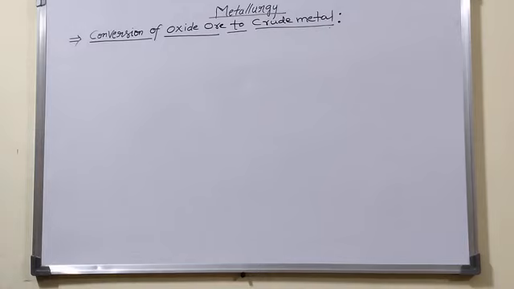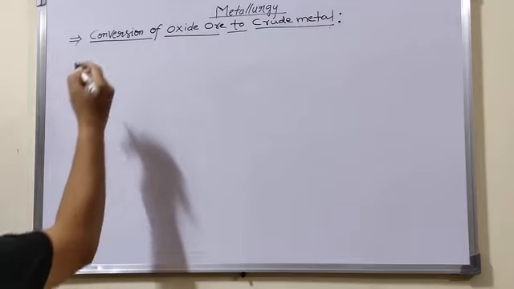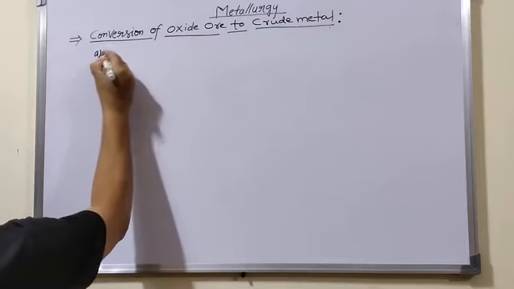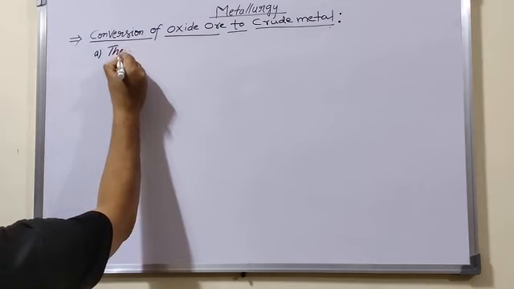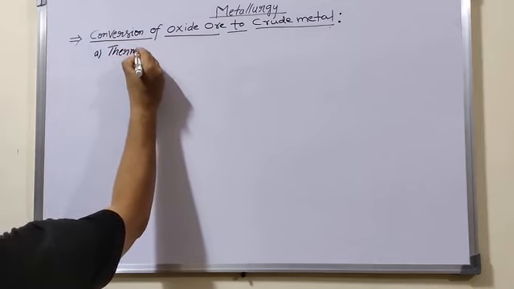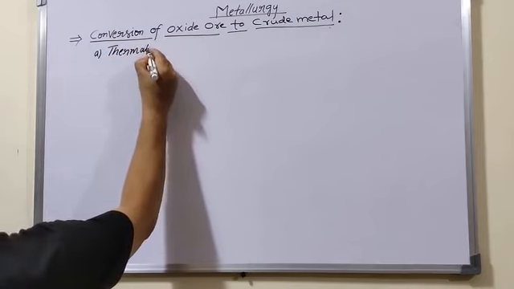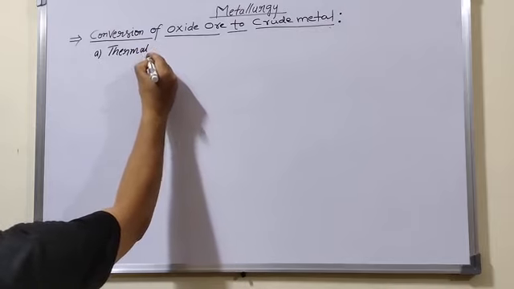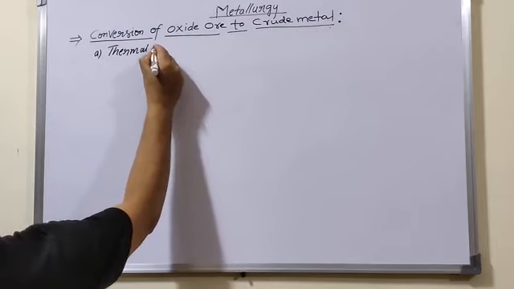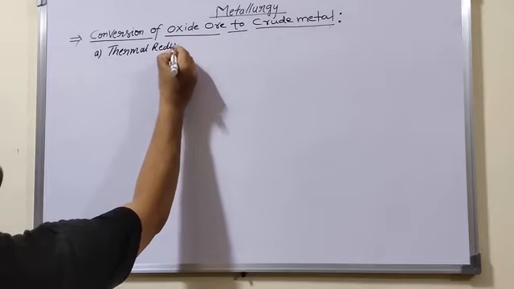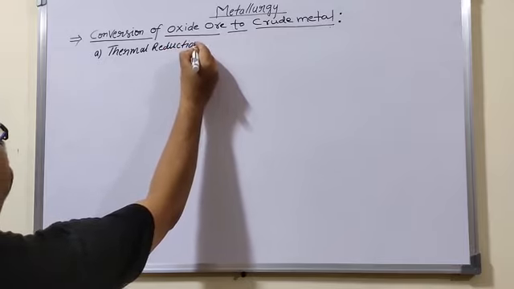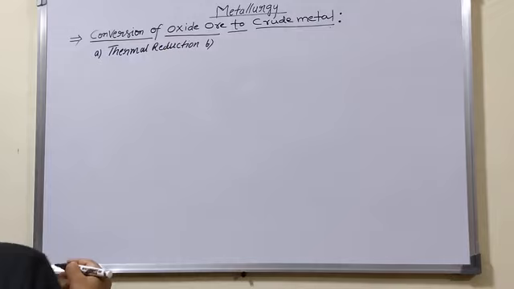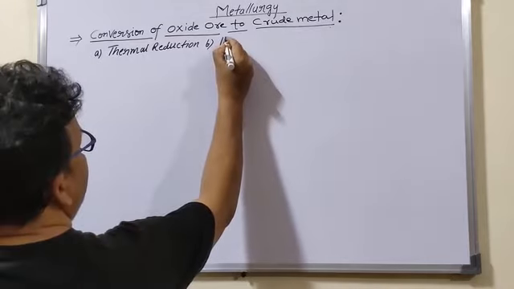Conversion of oxide ore to crude metal can be done in three ways. One is thermal reduction. The second one is hydrometallurgy.